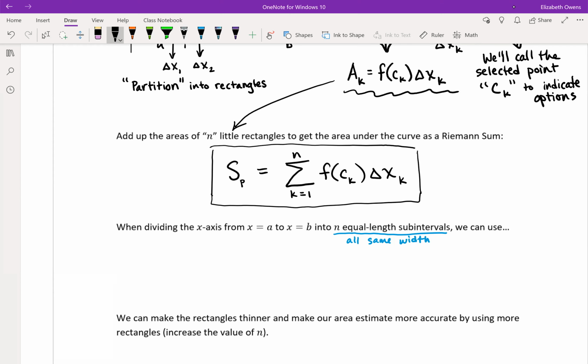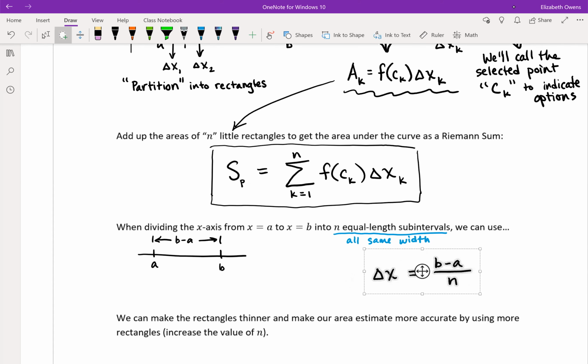So if we're taking that interval from x equals a to b, and cutting it up into n equal pieces, we're just going to take the length between the two. This would be b minus a for the length of that interval, and we're going to chop that into n equal pieces. So the formula we can use is delta x equals b minus a over n.